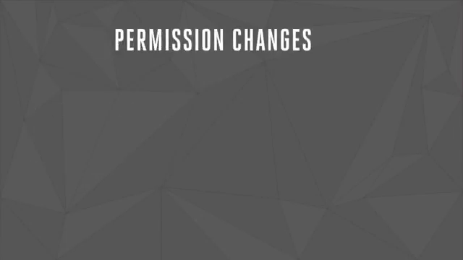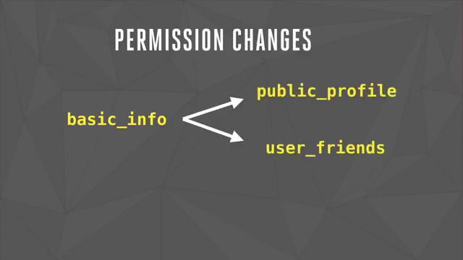Let's start with permissions. In V1, a single permission called Basic Info gave your app access to the user's identity as well as their friends list. In V2 and above, we've split this into 2 permissions, Public Profile and User Friends. The Public Profile permission grants you access to a person's identity, including their name and profile picture.